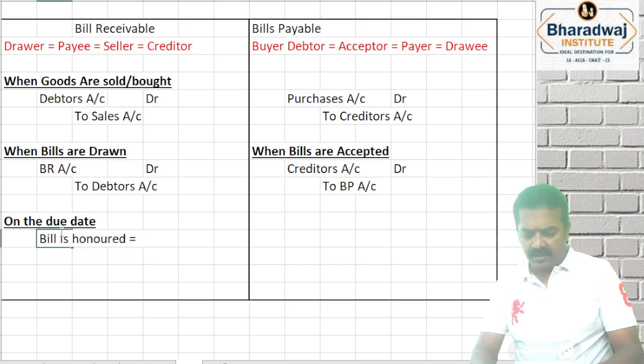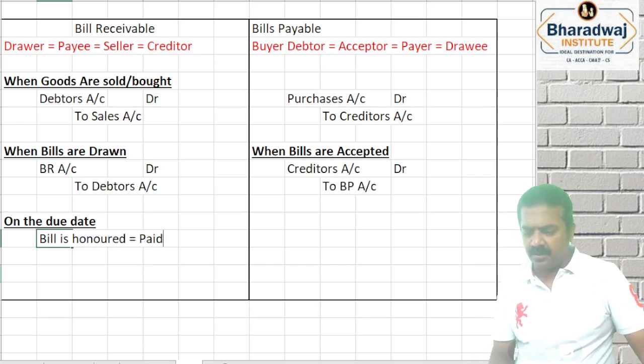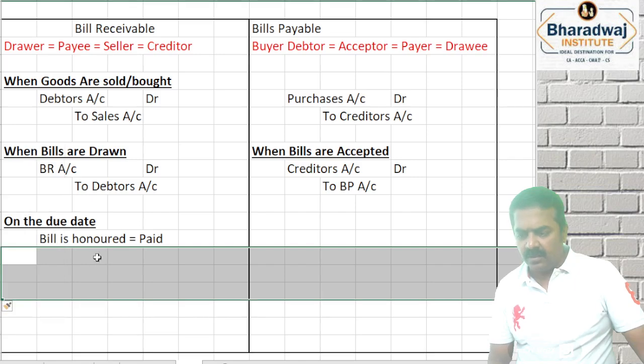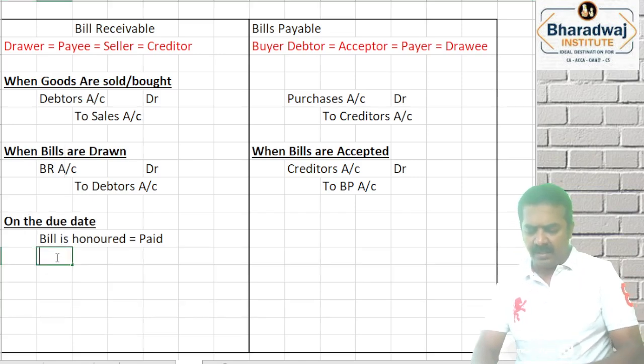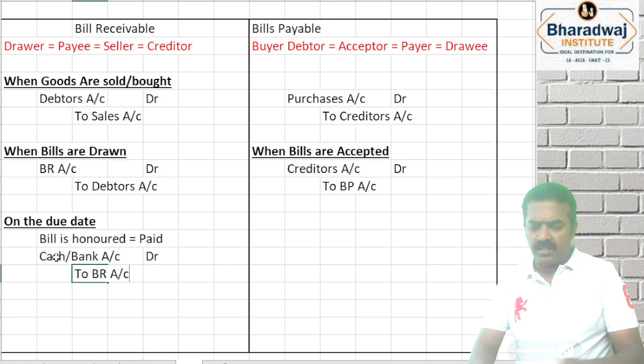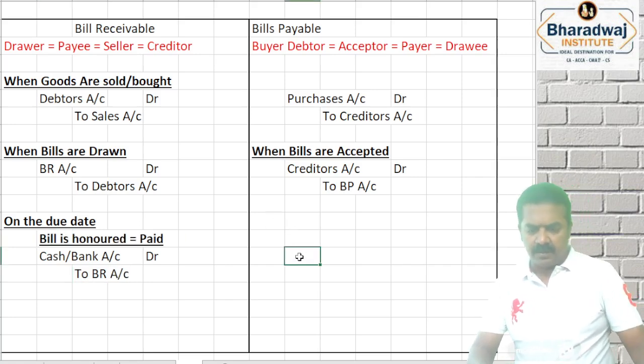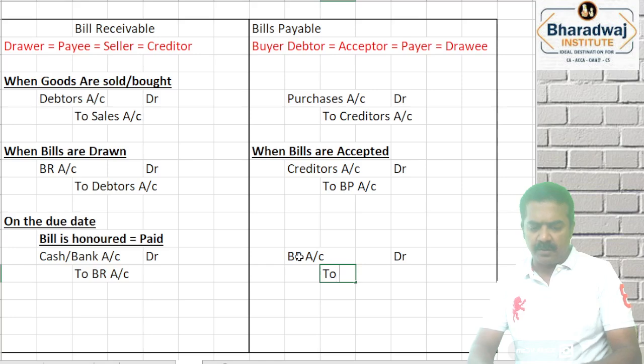Bill is honored means paid by the other party. What is the entry you will pass? This party will collect the money. Cash or bank account, debtor to which account? Bills receivable account. Okay, this party is paying the money. So bills payable account, debtor to which account? Cash or bank account.